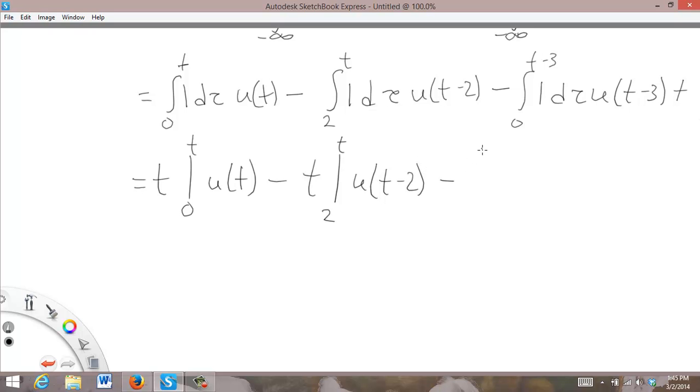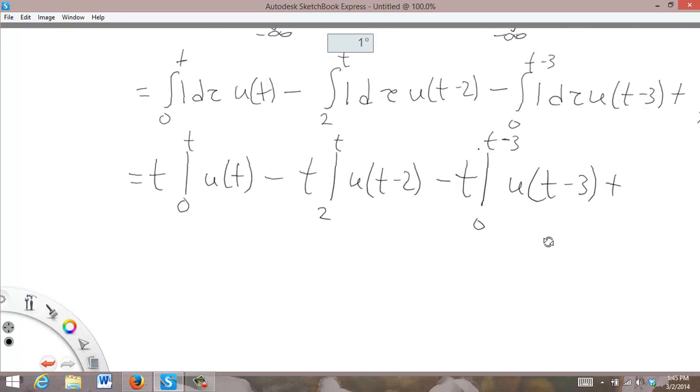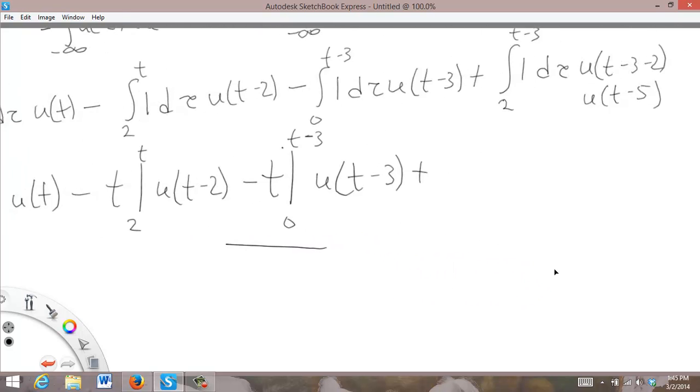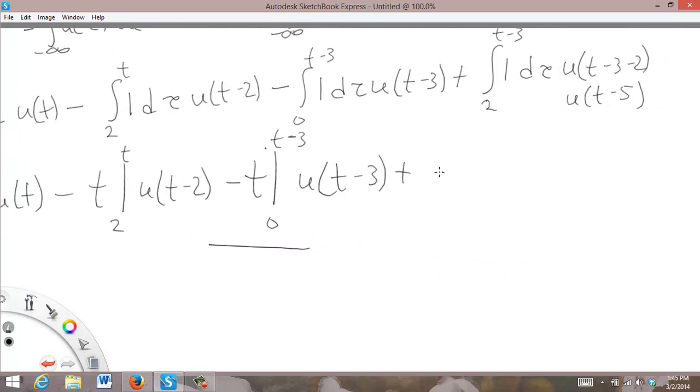The third integral is t evaluated from 0 to t minus 3, u of t minus 3. And the last one is plus t evaluated from 2 to t minus 3, u of t minus 5.